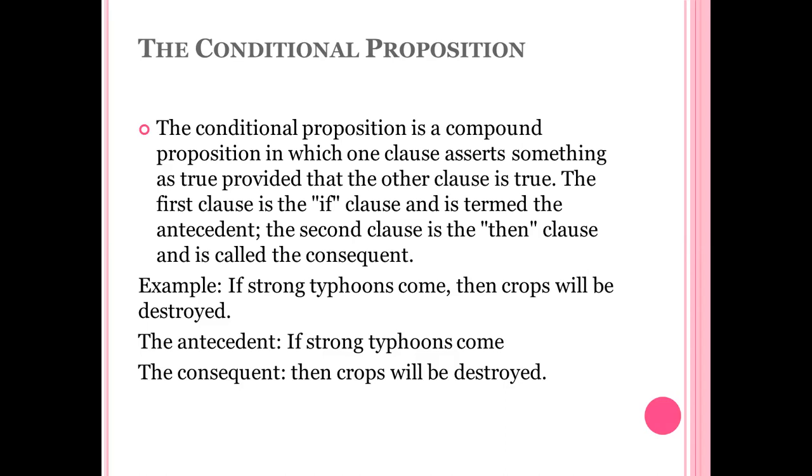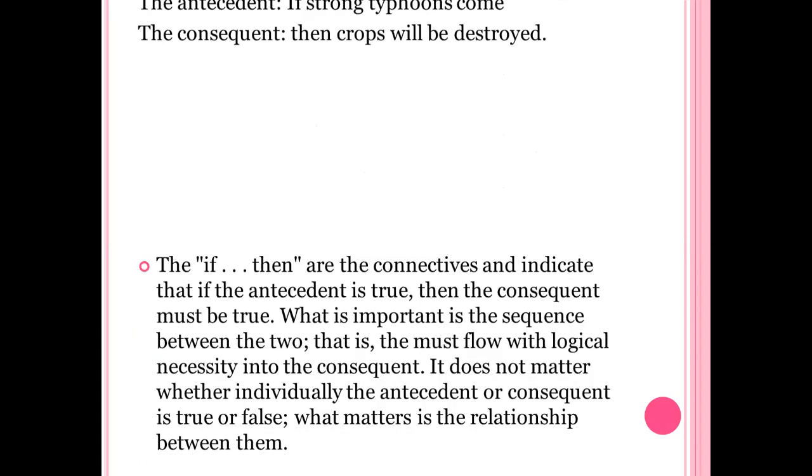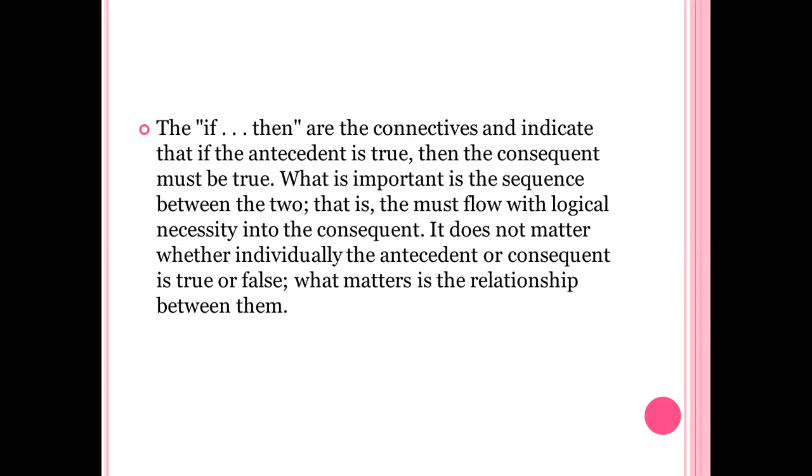The antecedent is preceded by if, and the consequent by then. Basically, the if and then are the connectives and indicate that if the antecedent is true, then the consequent must be true as well. What is important is the sequence between the two, that is, the antecedent must flow with logical necessity into the consequent.